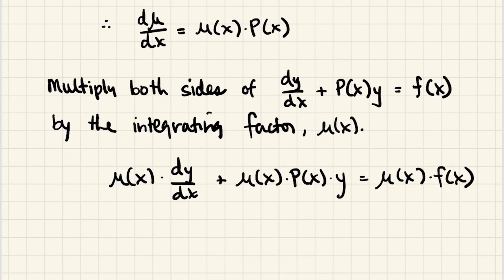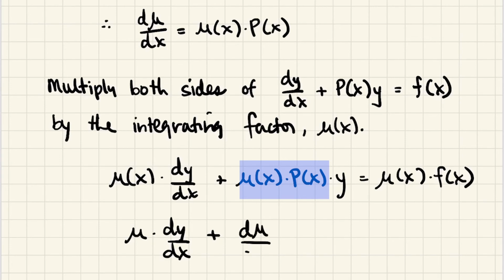Okay, super cool. Why did we do that? Well, because mu of x times p of x is d mu/dx. So we have mu times dy/dx, and we're writing the mu without the of x part because we don't really need it, plus that part there, which is d mu/dx times y is equal to mu times f of x.